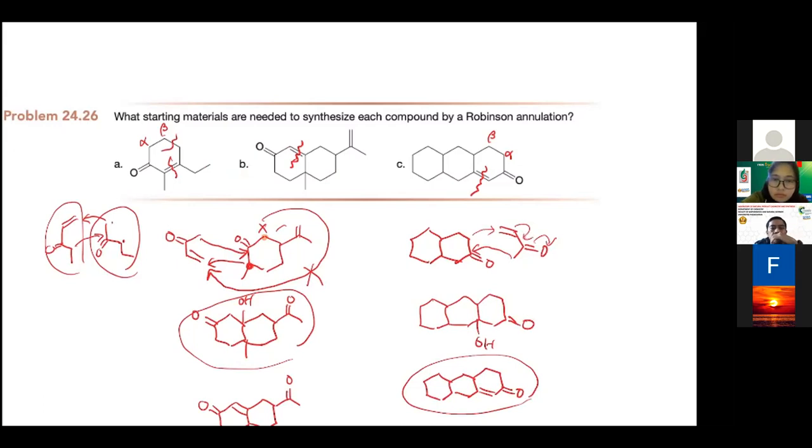But this could also happen in this case, and here both alpha positions are here. If this is activated here, this one also has the bond attacked here. This is also cool.